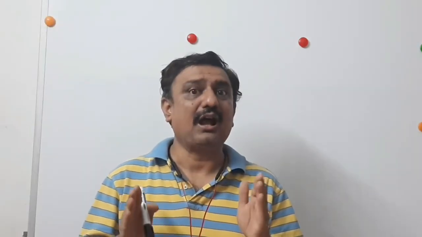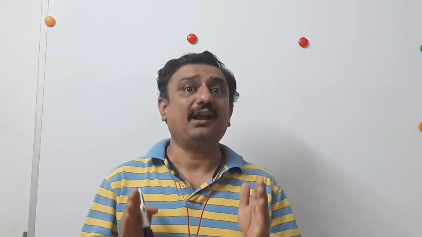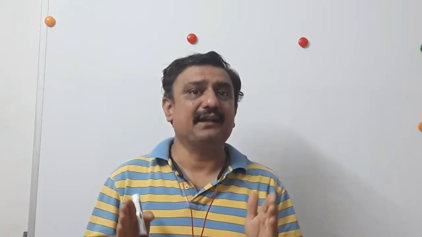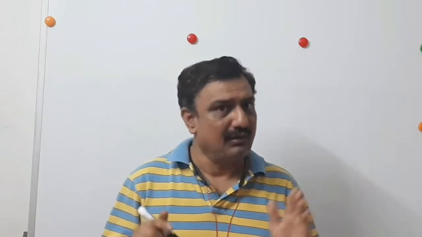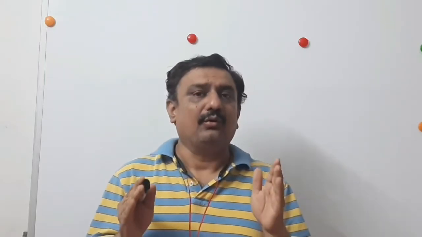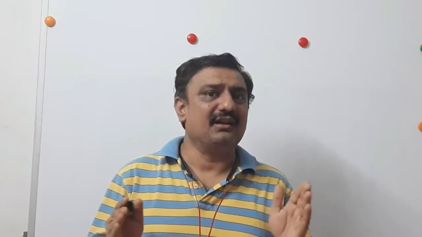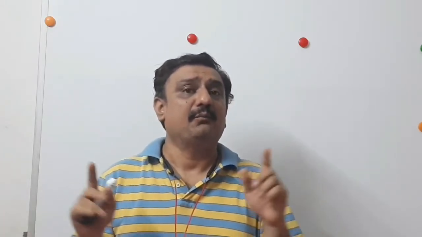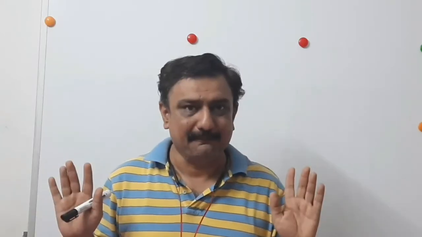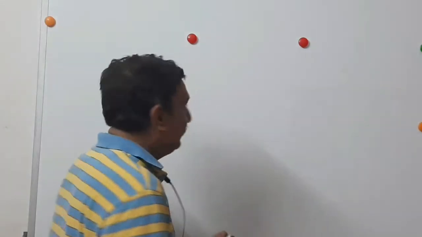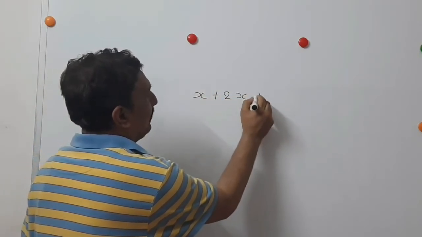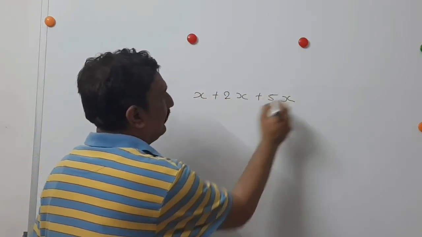Now we learn how to add, subtract, multiply and divide different algebraic irrational numbers. As we know, addition and subtraction of algebraic expressions is only possible if the terms are like. For example, x plus 2x plus 5x.